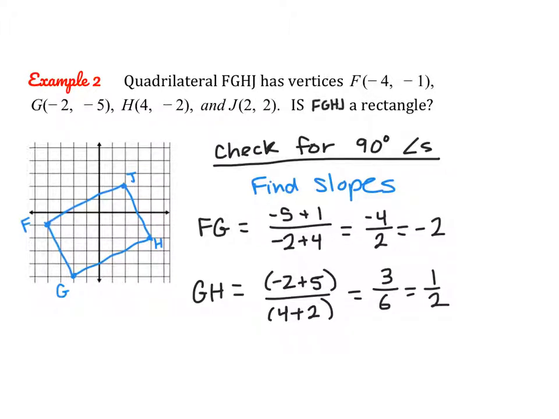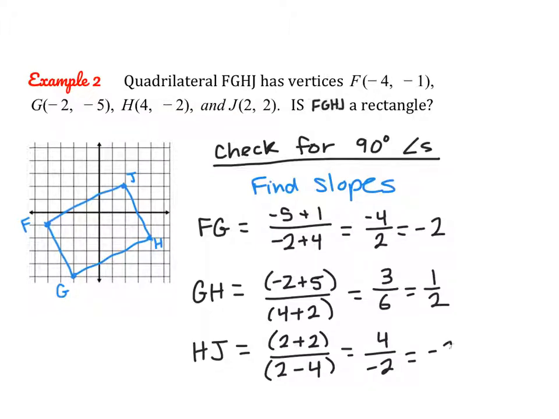Okay, now let's find the slope of this line, HJ. So y2 minus y1 over x2 minus x1. So this equals positive 4 over -2, which is -2.